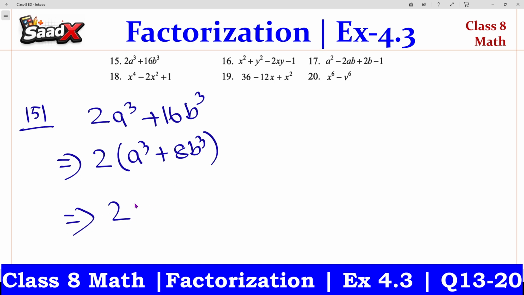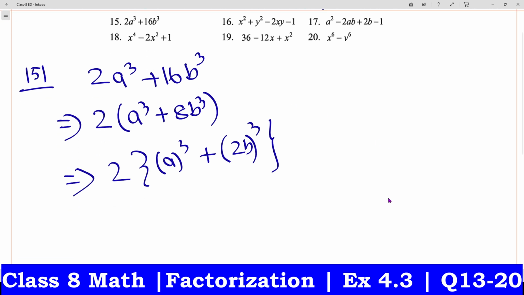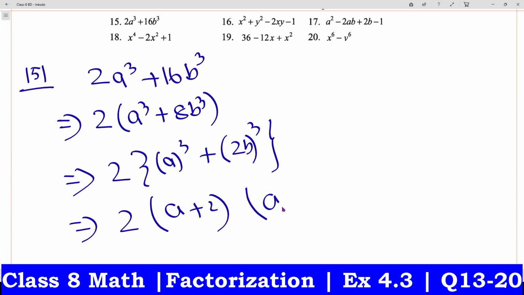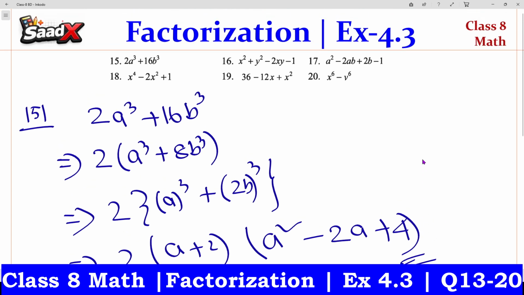Now this is a cube and this 8b cube we can write 2b then cube. 2 cube means 8 and b cube is b cube. So it's looking like a cube plus b cube. Finally we can write a plus 2b and then a square minus 2ab plus 2b square, 2 square means 4. This is our answer. So number 15 done.